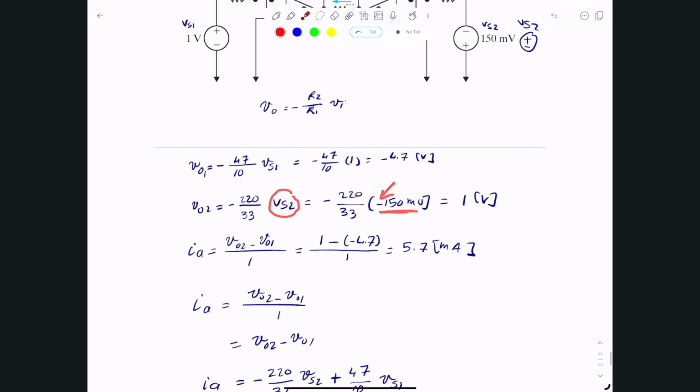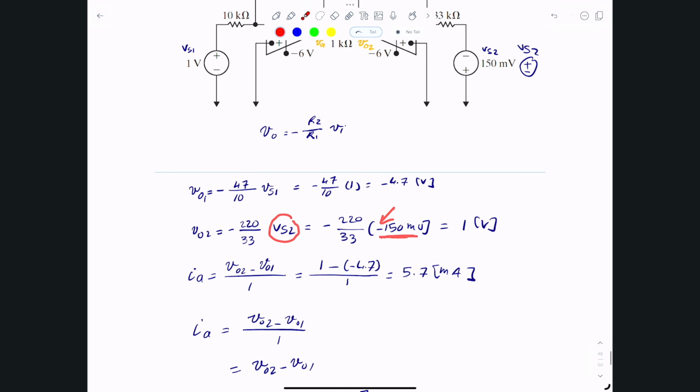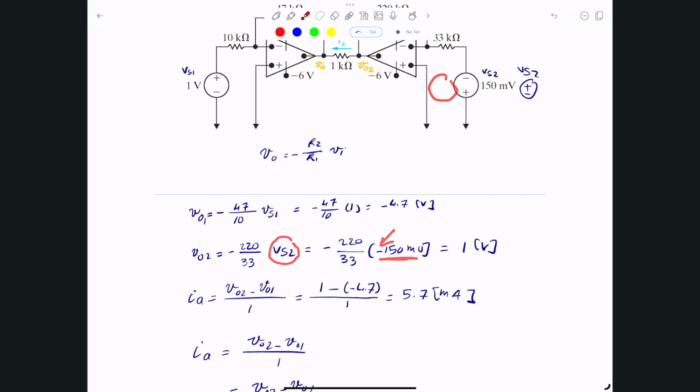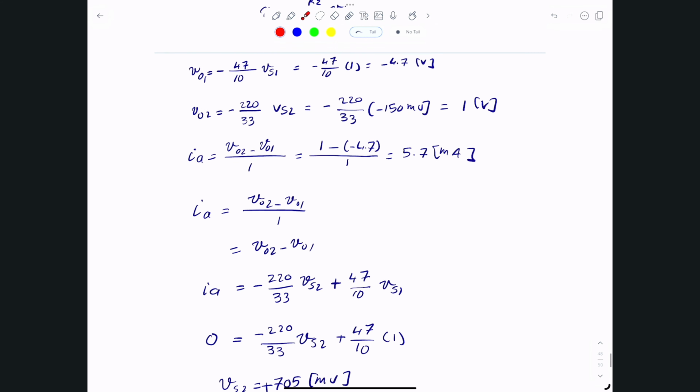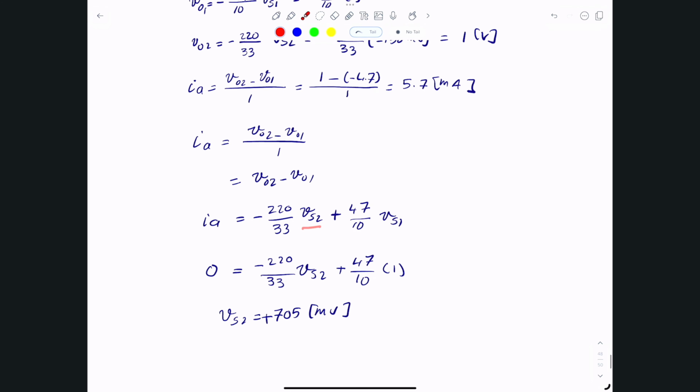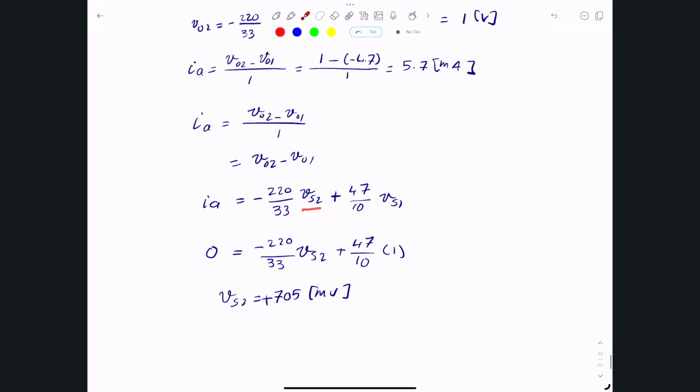What I did was assume that the voltage VS2 is that way, and whenever I used VS2, I substituted the opposite, negative 150 originally. But for the rest of the equations, VS2 is still that red one in here. And the value we got is 705 millivolts.